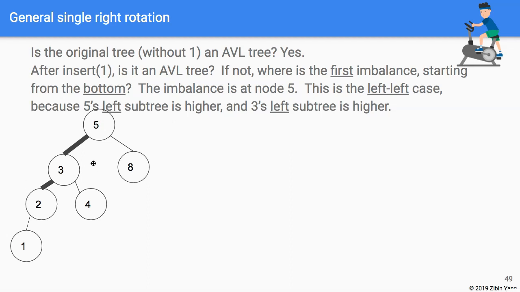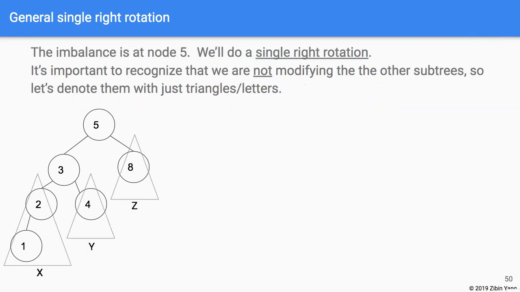Now this is slightly more complicated than the previous left case that we saw, because now all of these nodes, 5, 3, and 2, have something hanging off them, right? It's no longer just all by themselves. The good thing is we can mostly ignore them.